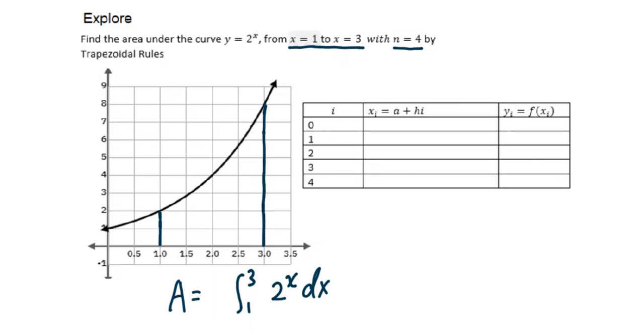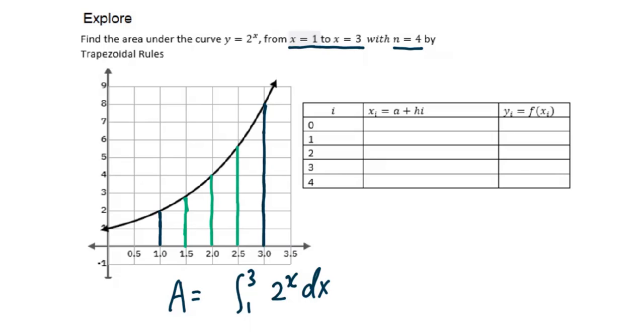But we want to use trapezoidal rules to estimate the area under the curve. N equals 4, which means we will divide this interval into 4 parts.